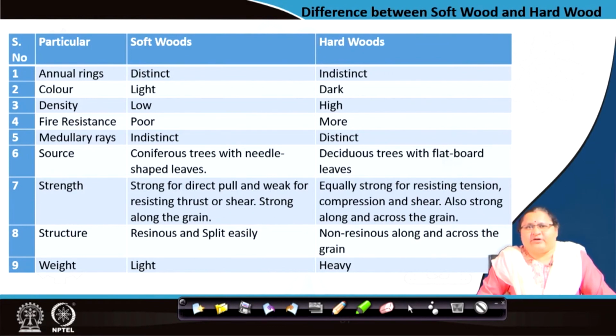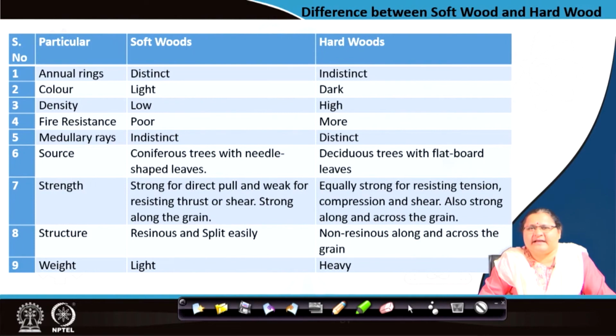Sources I have already mentioned. Strength: softwoods are strong for direct pull and weak for resisting thrust or shear, whereas hardwoods are very good for tension, compression, shear and any kind of engineering loads. Structure wise, softwood is a bit resinous and can split away.